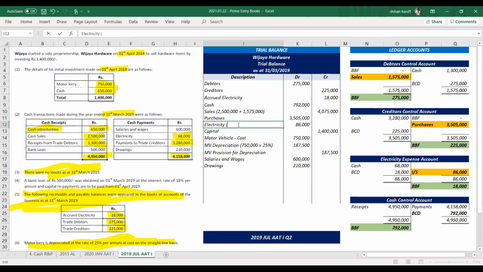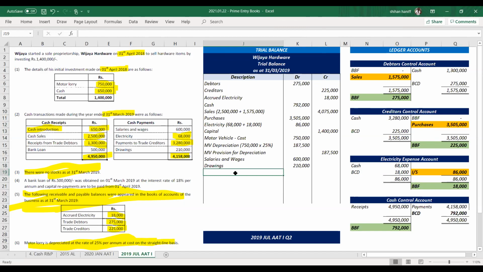Electricity comes 68,000 plus 18,000. That's how 86,000 came. Electricity 68 plus 18. That's the amount we took from the ledger account, electricity account. Drawings 210.